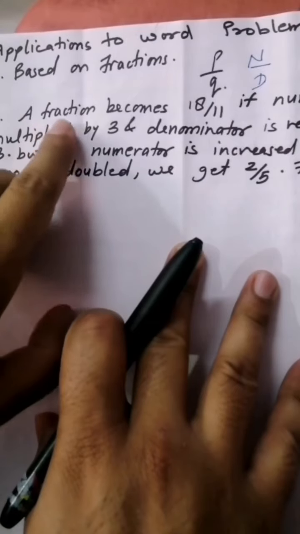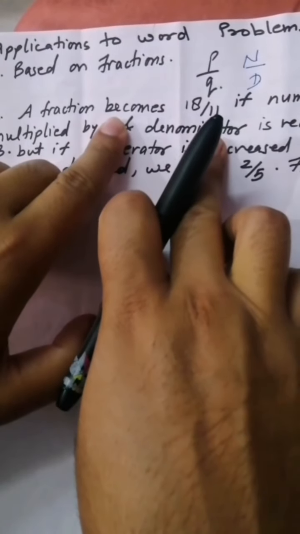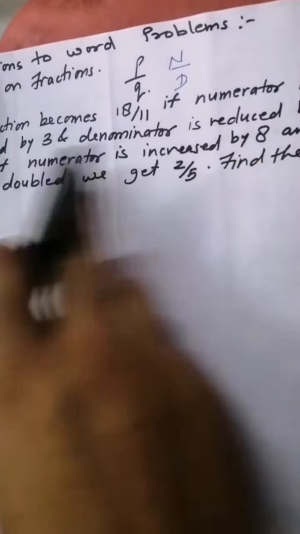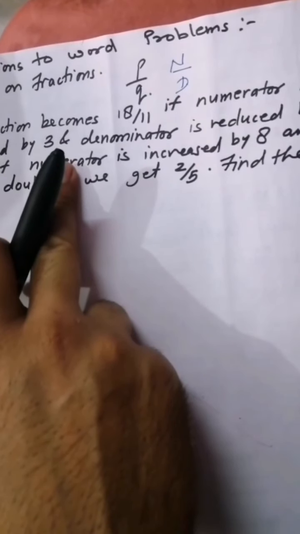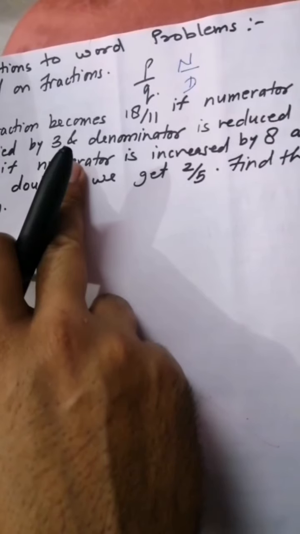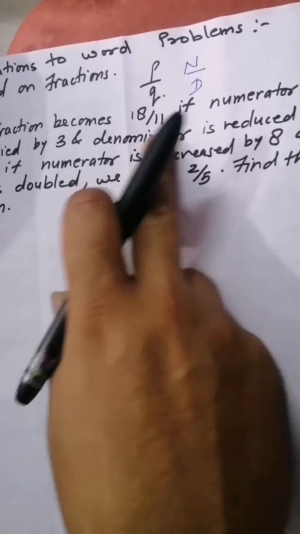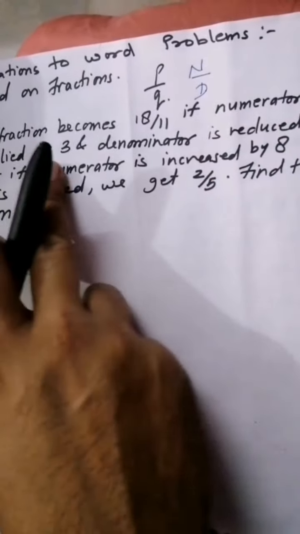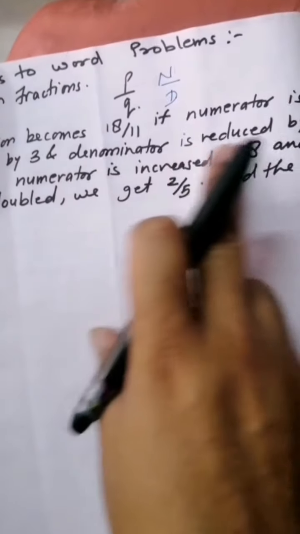It is given that a fraction becomes 18 upon 11 if the numerator is multiplied by 3 and the denominator is reduced by 3.